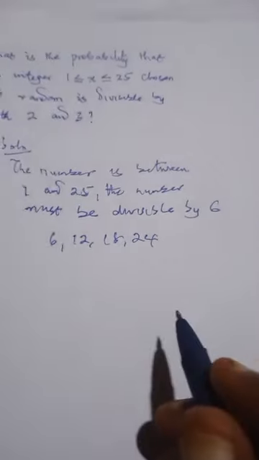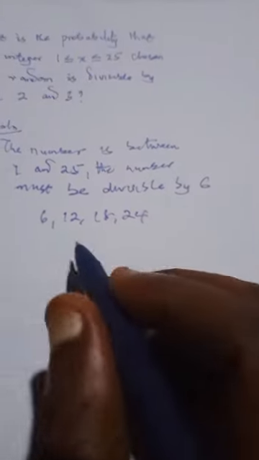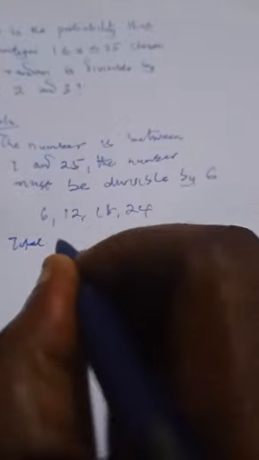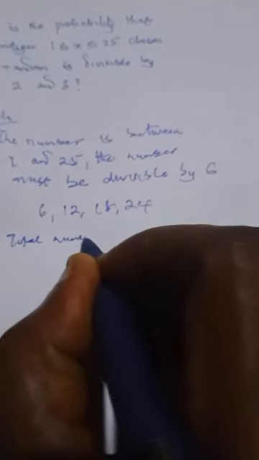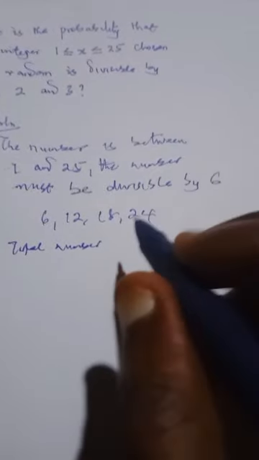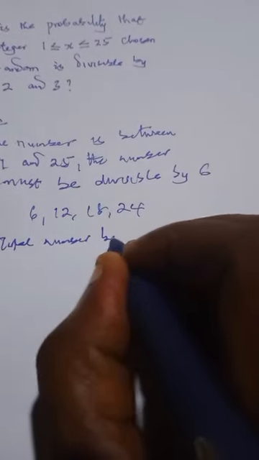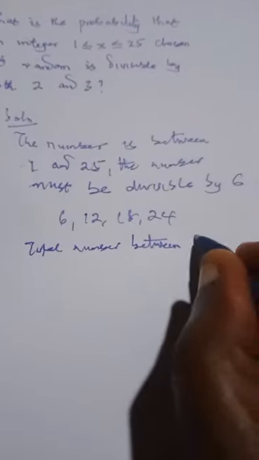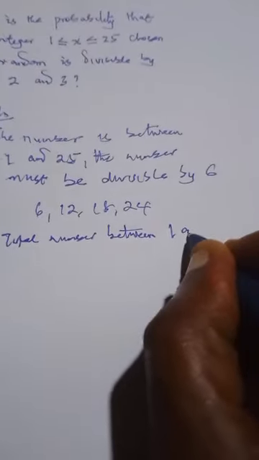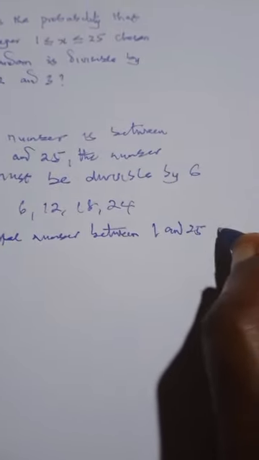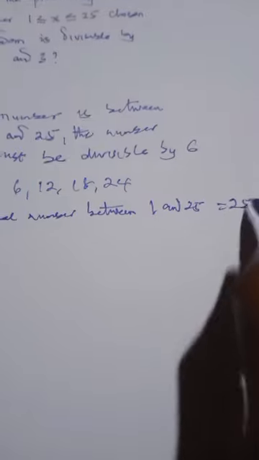So, and the total number between 1 and 25 is 25.